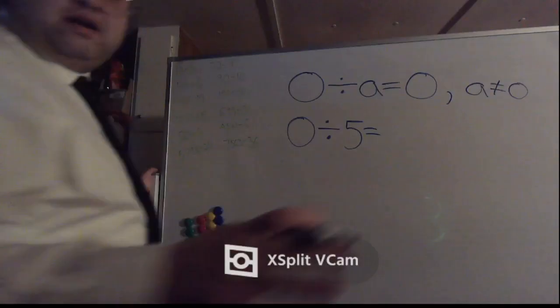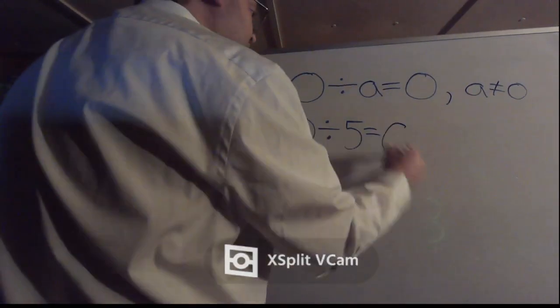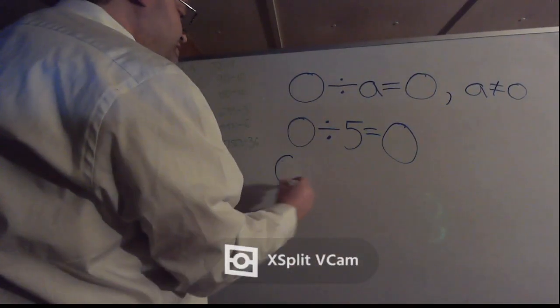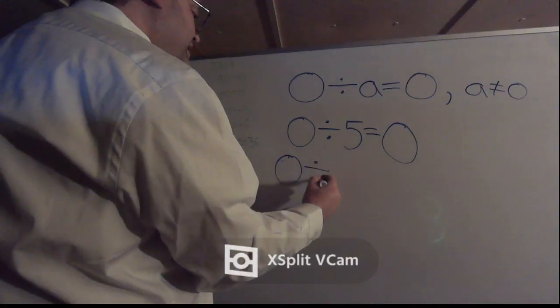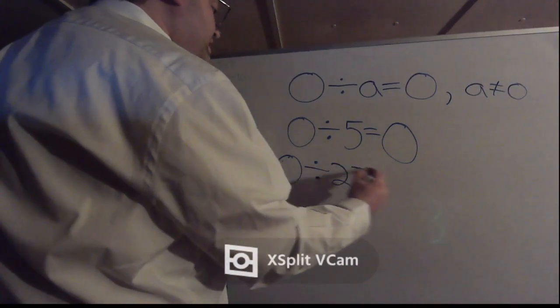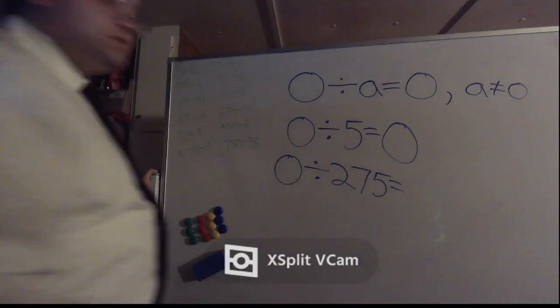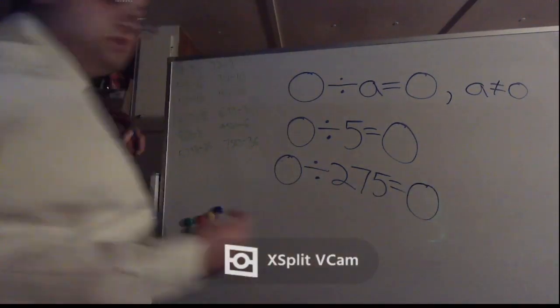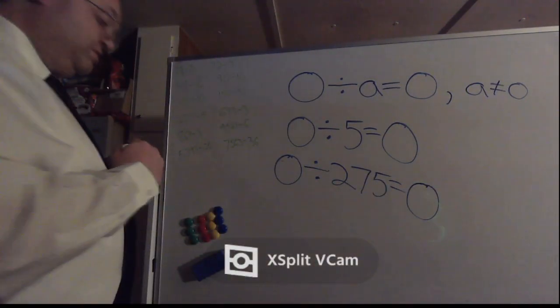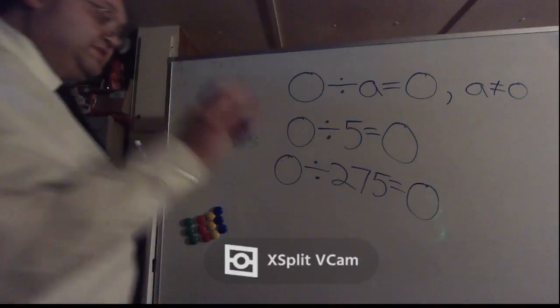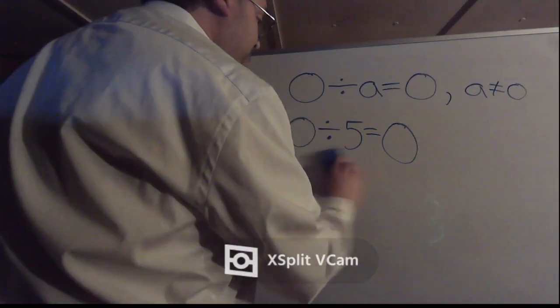Well, 0 divided by any number is 0. I do 0 divided by 275. 0 divided by any number is 0. So 0 divided by any number except for 0 itself is 0.